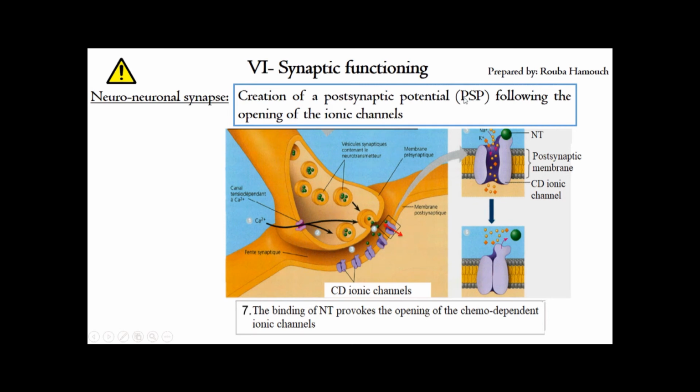And this PSP, postsynaptic potential, will be transformed into an action potential if the synapse is excitatory, and thus the message will be transmitted, or the PSP remains inhibitory and inhibits the transmission of the message if the synapse is inhibitory. Also, we will explain that later.